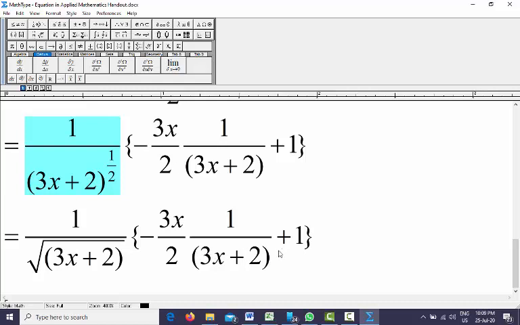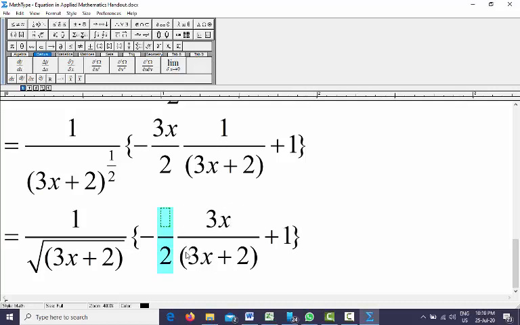And what we have here is, 3x will get multiplied by 1, so here we will have 3x. And these 2 will get multiplied by this 1, so here you will have 2.